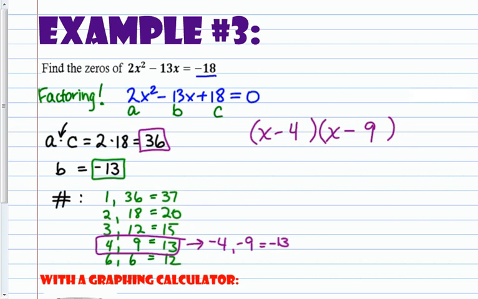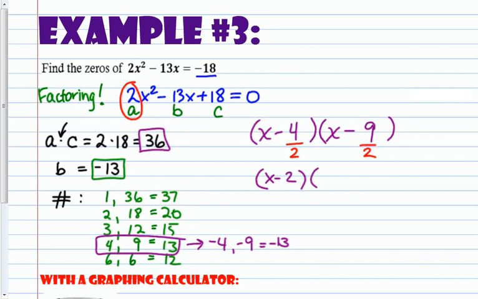So since the a value is not the number 1, I actually have to compensate for that. I have to be like, ooh, that 2 is there. So let me divide these two numbers by 2. So now I have x minus 4 divided by 2, which is 2, and we have x minus 9/2.